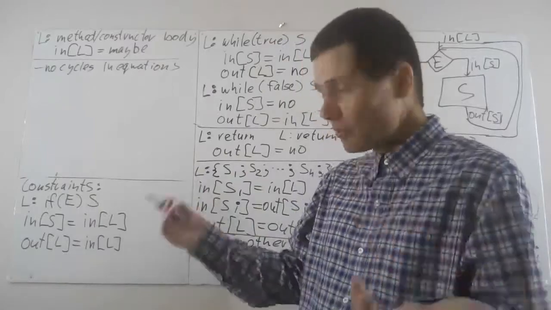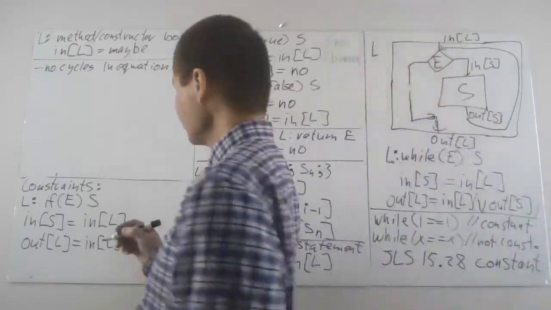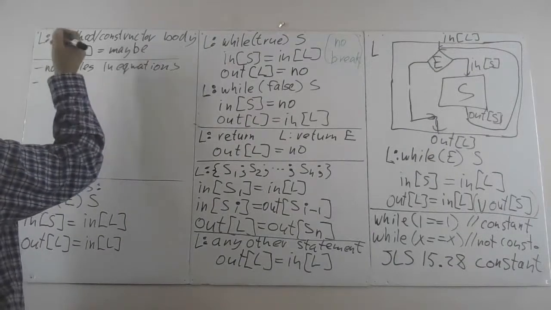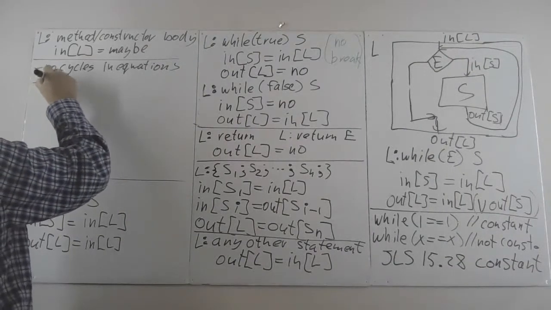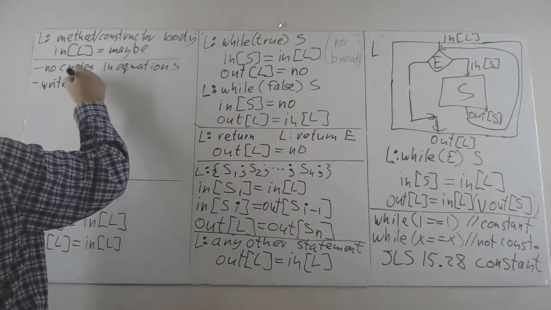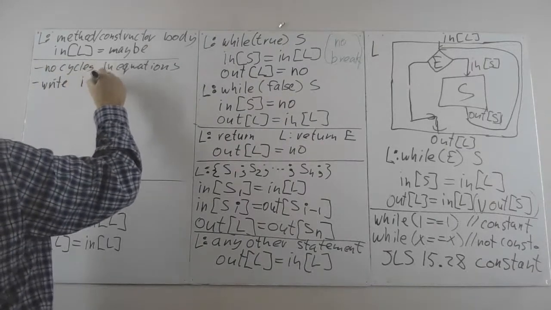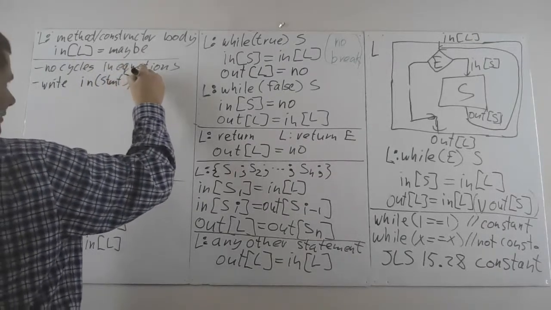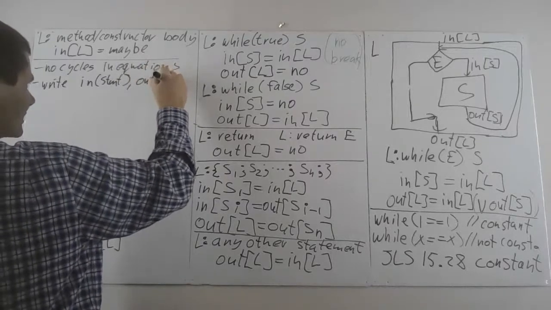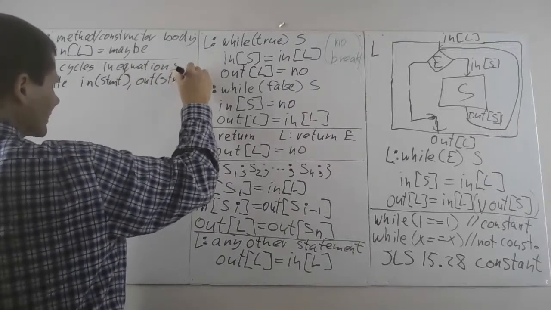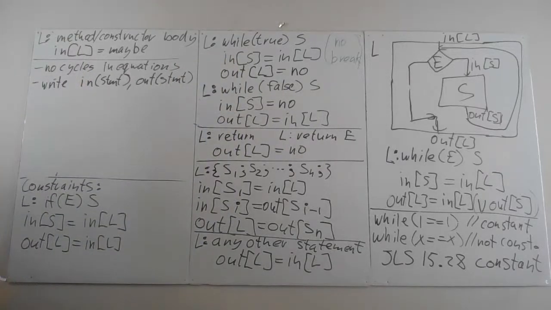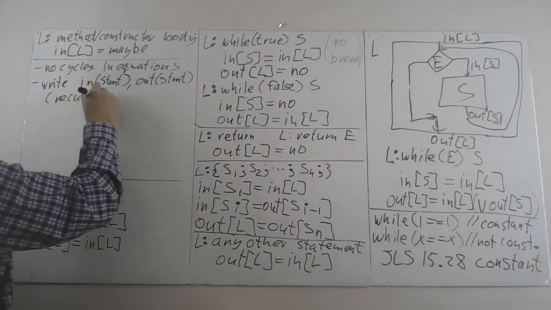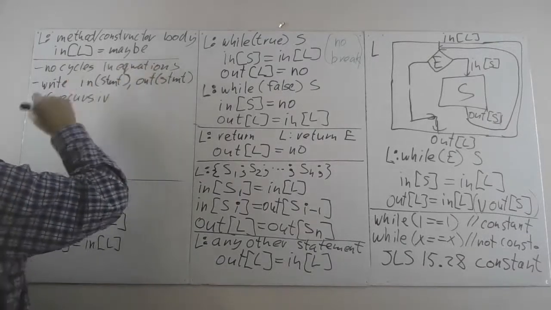So one way that you can implement this is to just write two functions, in of a statement and out of a statement, and really just implement the equations in the bodies of in and out.